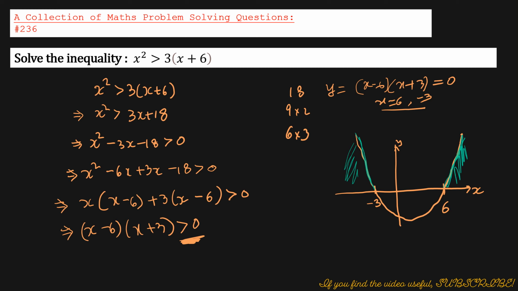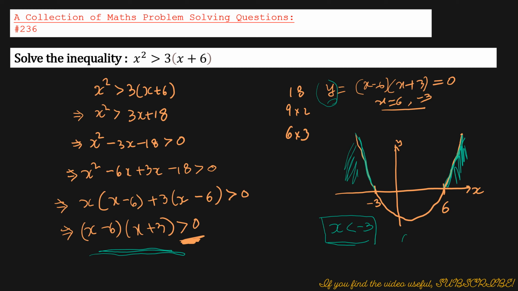Okay, so what we can write is, that happens only when x is less than minus 3, the solution, that is x minus 6 times x plus 3, or y, if it was y, would be greater than 0.